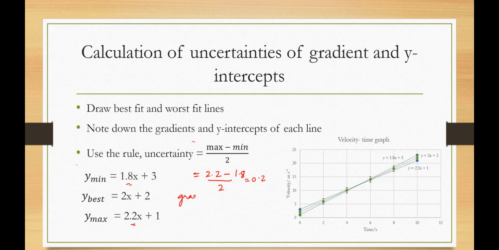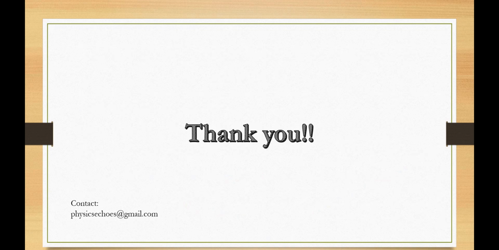So, the gradient answer will be 2 plus or minus 0.2, or I will write more correctly as 2.0 plus or minus 0.2, because the decimal place of uncertainty should match with the decimal place of the measured quantity. Similar approach can be adopted to find the uncertainty in y-intercept. Maximum y-intercept minus minimum y-intercept divided by 2 will give you the uncertainty in y-intercept.